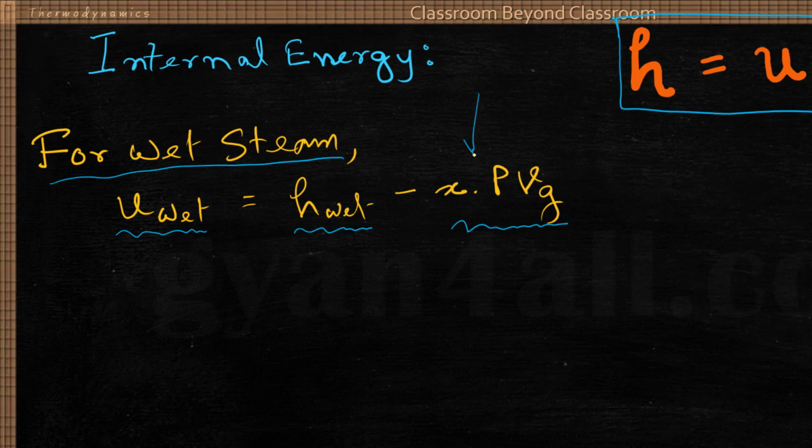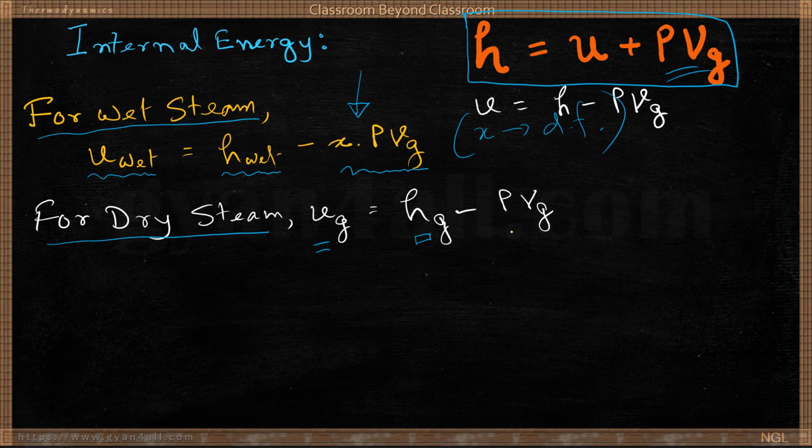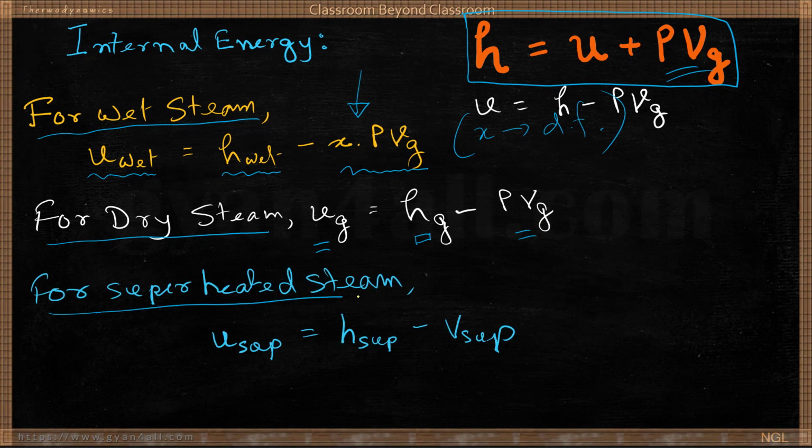Work done is multiplied by x, the dryness fraction of steam. If the steam is dry, then the internal energy of dry steam is equal to Hg, enthalpy of dry steam, minus work done, P Vg. And for superheated steam, U sup is equal to H sup minus P V sup.